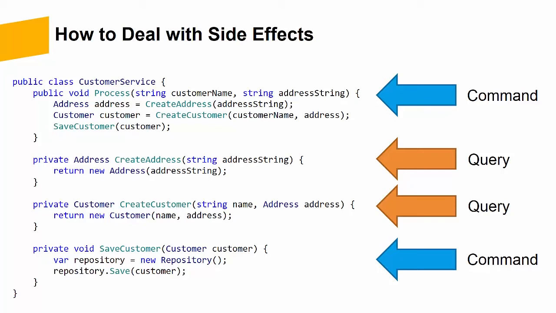For example, the fourth method, the save customer method, saves the customer to the database and it doesn't return anything. It's void. So just by looking at the signature of this method, seeing that it doesn't return anything, you can say that it's a command and it's not safe to call it because it incurs side effects. And the second and the third methods here are queries. They don't have any side effects and they do return a value.